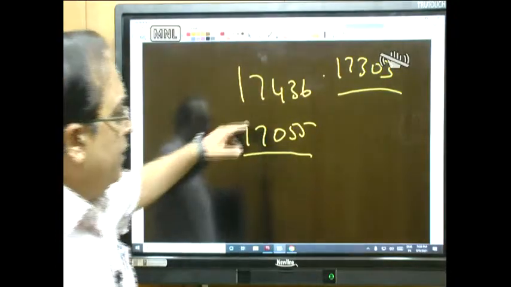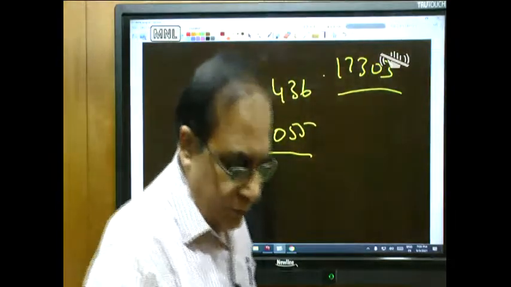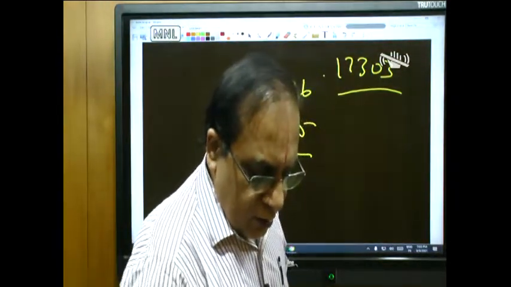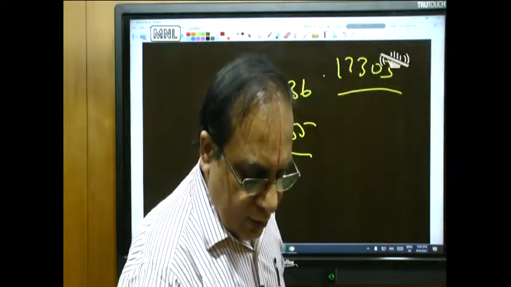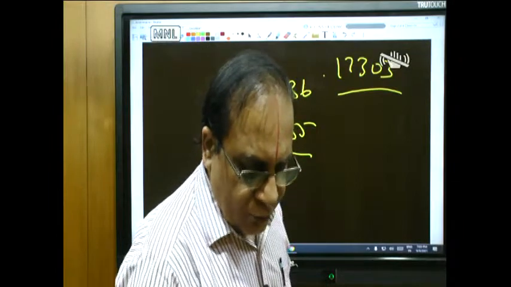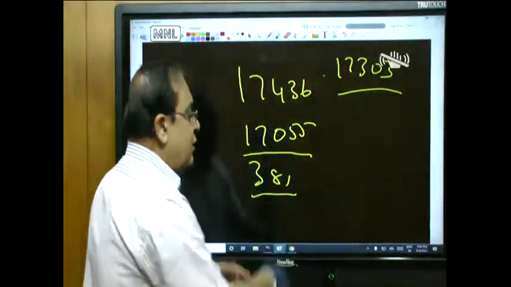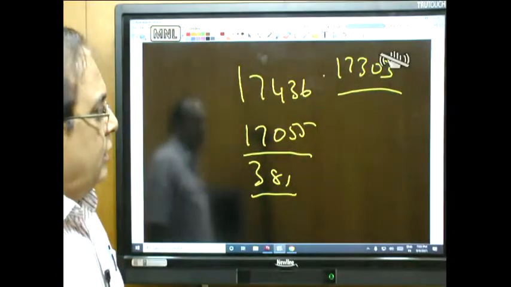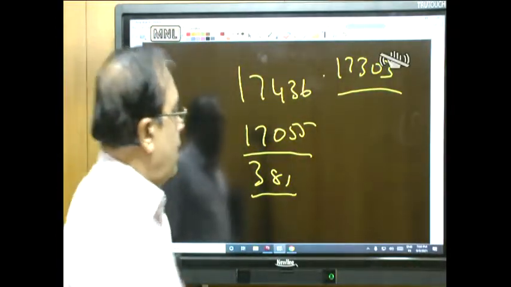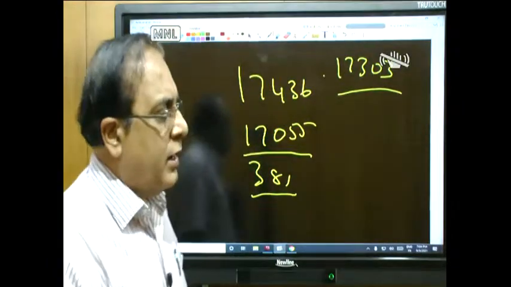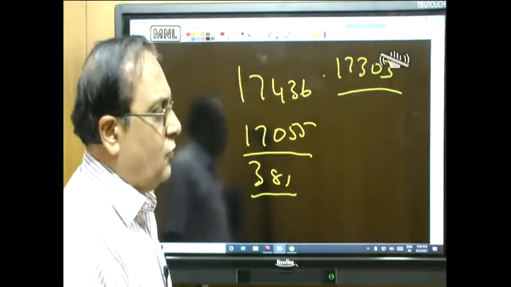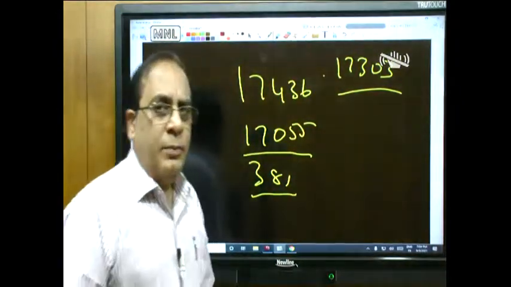If you look at this number, the difference, 17,436 minus 17,055, comes closer to 381 points. So approximately 380 points you can take. Now from these 381 points, what are the levels we need to look for as a projection?